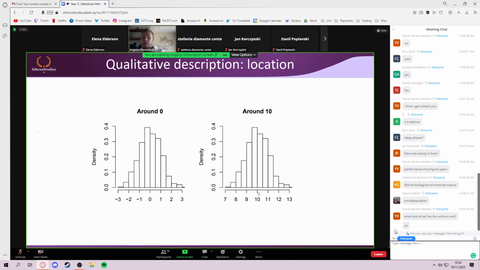And here we have all the values around 10 with steps again of 1: 10, 11, 12, 13, 9, 8, 7. So here it's around 10, and here it's around 0. So the values of the x-axis matter.